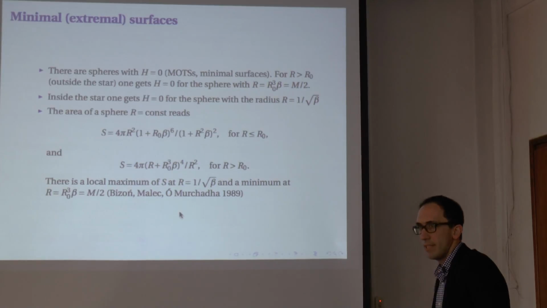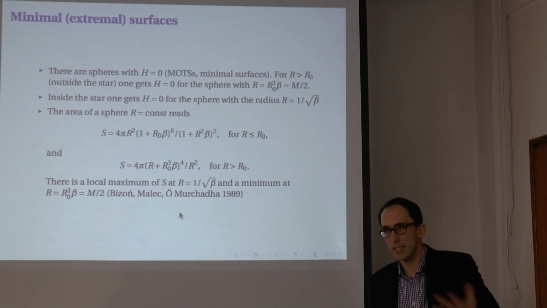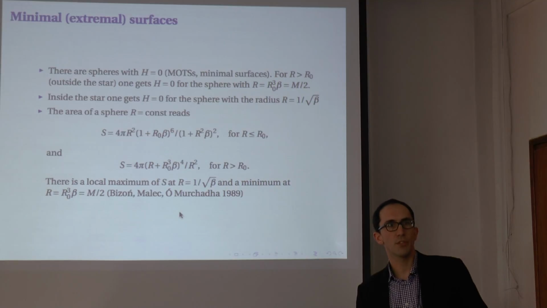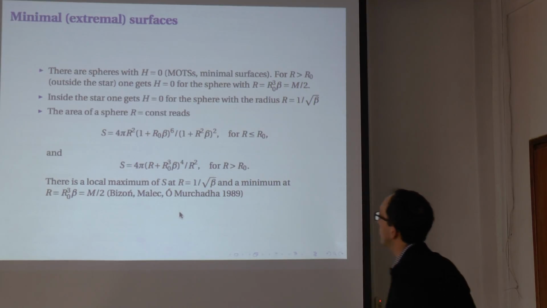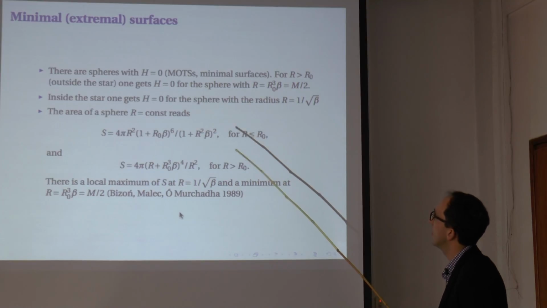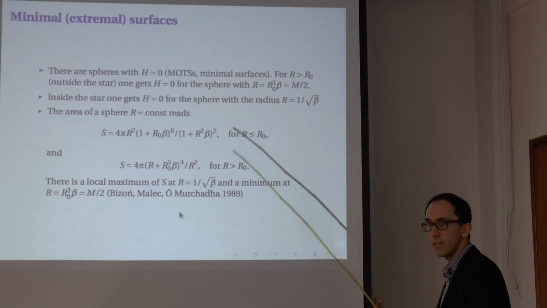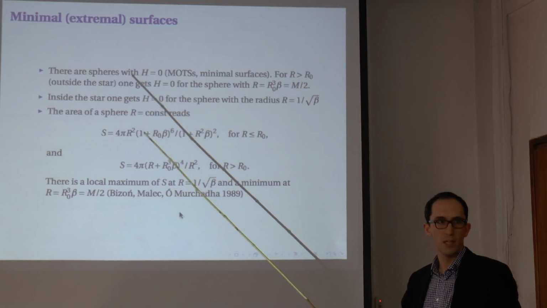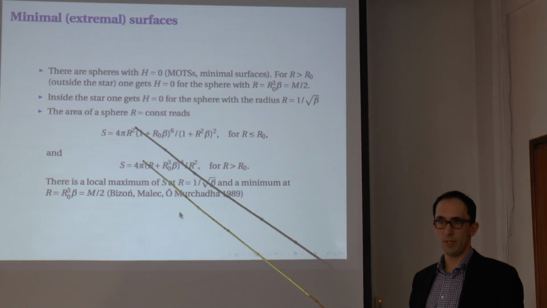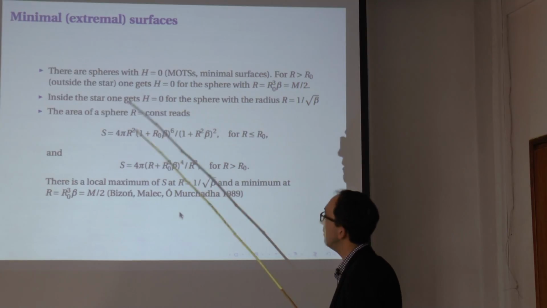And for an immediate application of the definitions of MOTS that I've given, you could start searching for spherically symmetric surfaces, simply spheres, that would be marginally outer trapped surfaces, and it turns out that there are such.